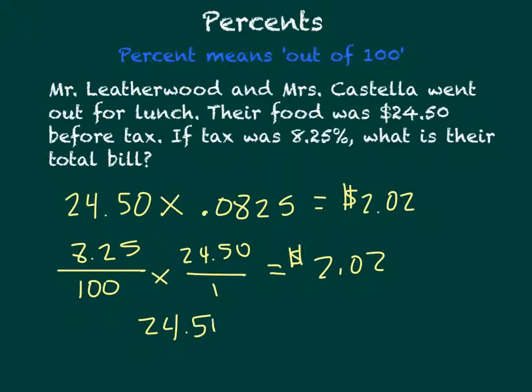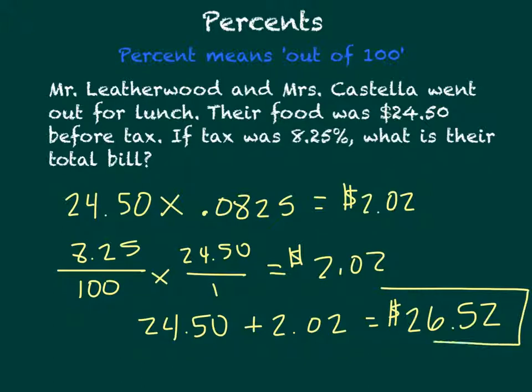I'm going to add something in. When you are multiplying, for example, when we multiplied $24.50 times our tax, you're going to get a number like the exact number is 2.02125. Make sure if you're dealing with money that you cut that number to only go up to the hundredths place.